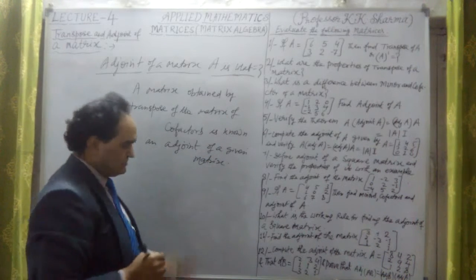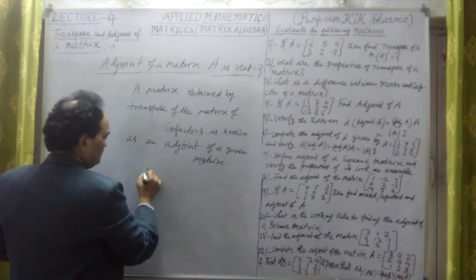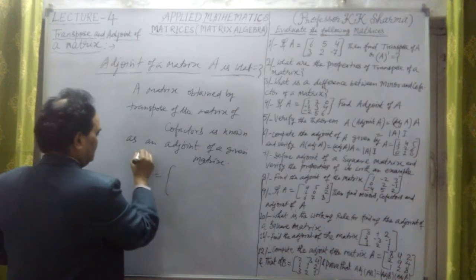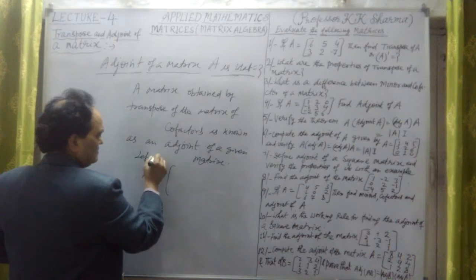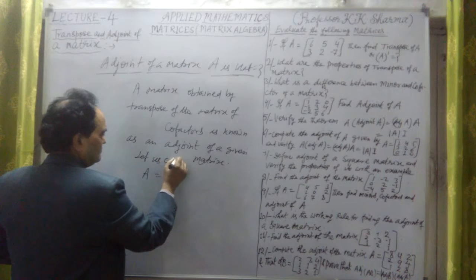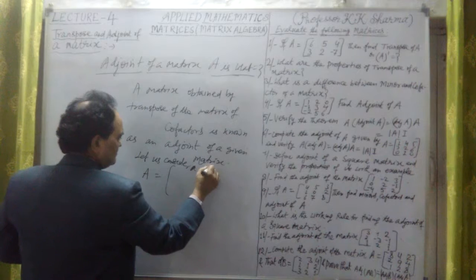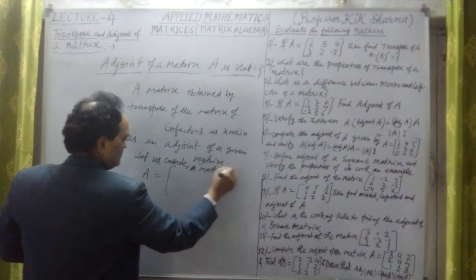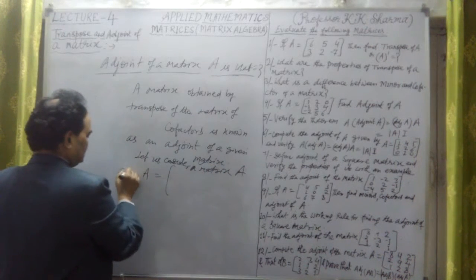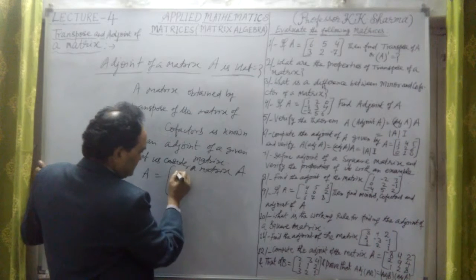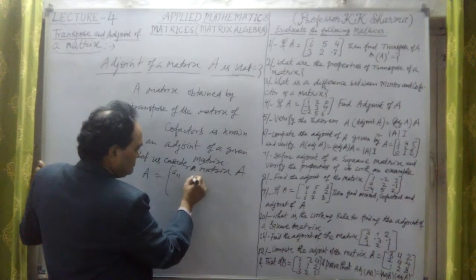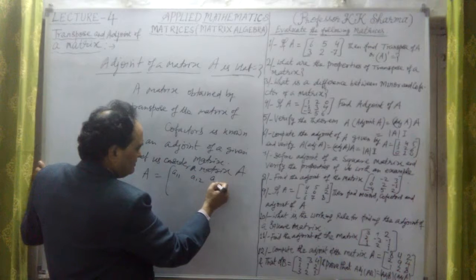Let me take the adjoint. If A is a matrix, let us consider a matrix A as A11, A12, A13. These are the elements here.